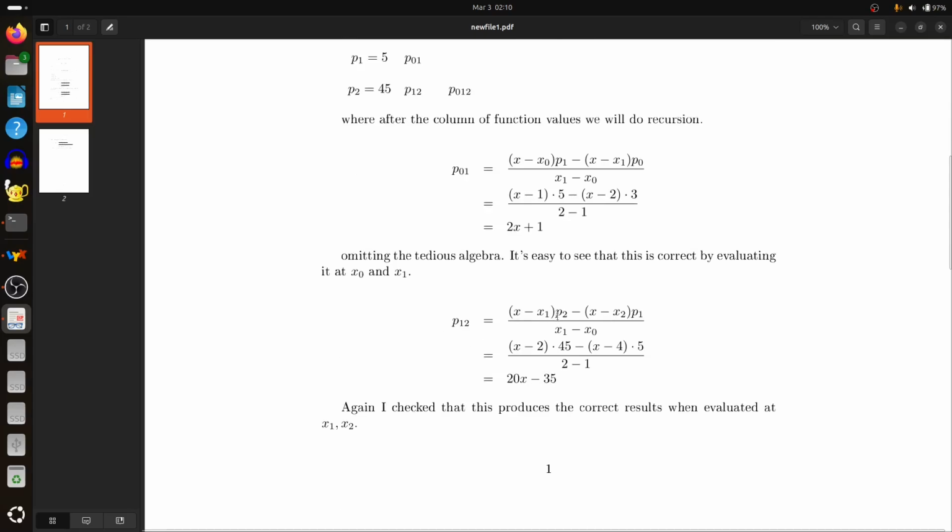P12 is x minus x1 p2 minus x minus x2 p1 over error. Got myself a mistake right there. In the second one, I didn't change these indexes from 1 and 0 to 2 and 1. So I got to go in and fix that. It's the second one.